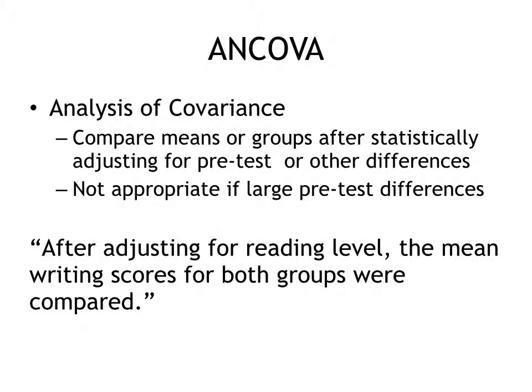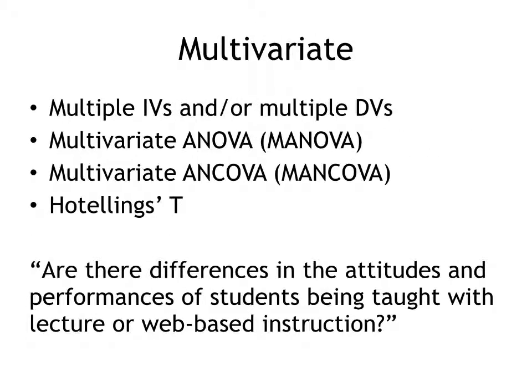So I identify reading level as a covariate. I acknowledge that it's going to influence this. And so I statistically take out the effects of reading level. And then I can get at the meat of what I'm really trying to determine. I can compare without the effects that could be attributed to the reading level of the students. So that's analysis of covariance.